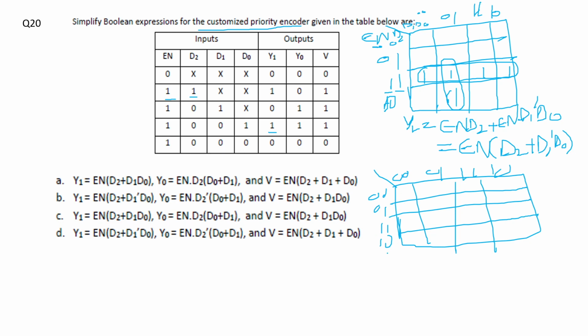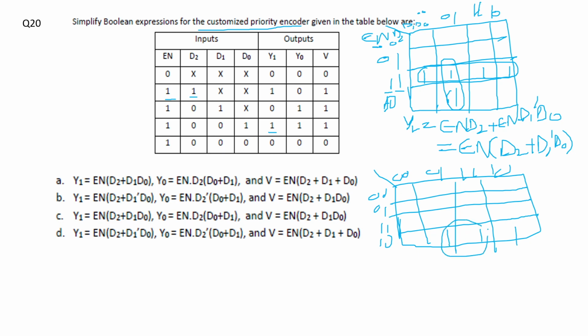and when d1 is 1, and d0 is a don't care here. So this will be these two, and it's also 1 for 1 0 0 1.